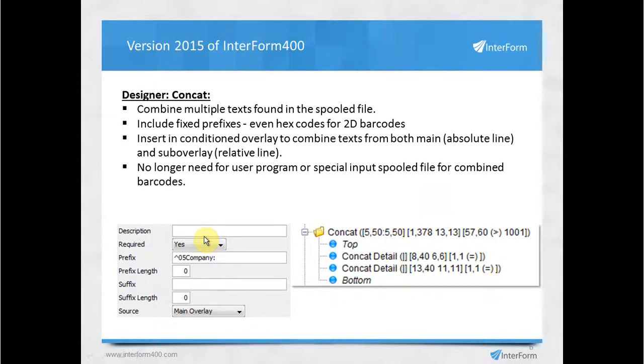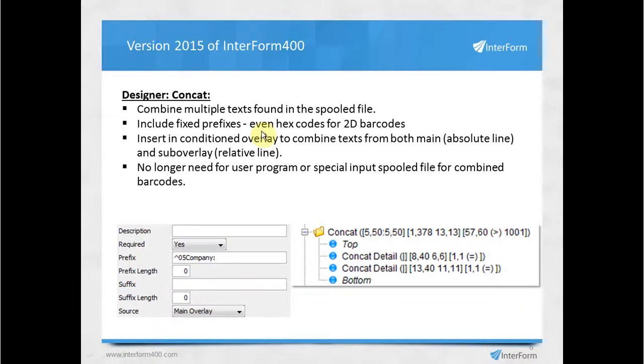The Concat, well, you can think of it first of all like a text element that you can combine multiple text from the spoof file with text constants, and then you can build up a long string of text, and that can be presented in a specific position in your output, either as a normal font or as a barcode. And we are thinking especially of barcodes when I'm talking about this new feature.